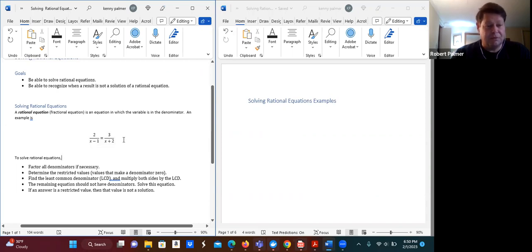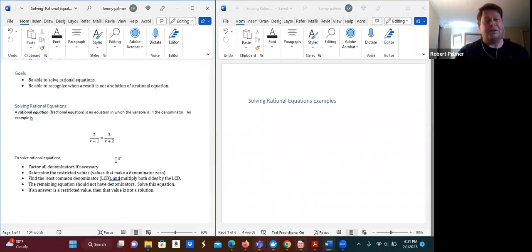Now, to solve these, we're going to factor our denominators if necessary, and determine what we call the restricted values. Restricted values are anything that will make a denominator zero. We'll see some examples of that. Then, just as we do any time you have fractions in an equation, find the least common denominator, then multiply both sides by that least common denominator.